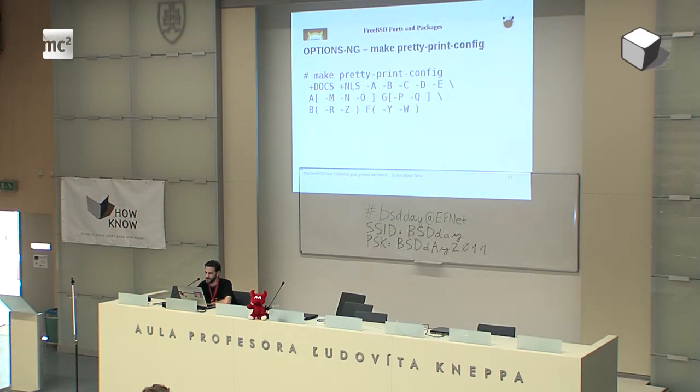And this actually looks much nicer on a console. Basically, it tells you that you're building it with docs, with internationalization support, without option A, without option B, without option C, and so on. And it gives you the option groups. You see the G and B that were the 2 groups, and so on.